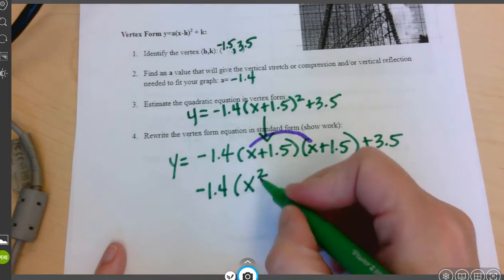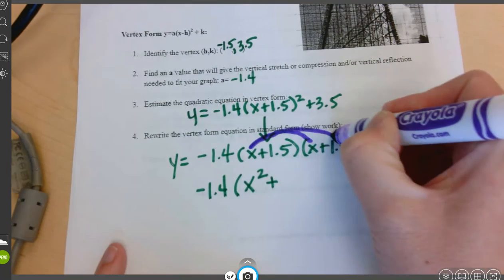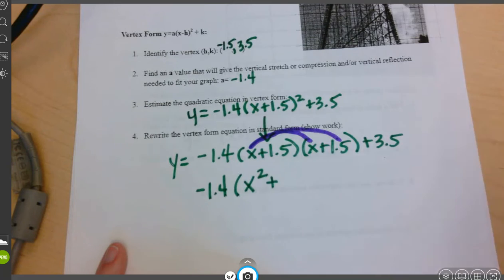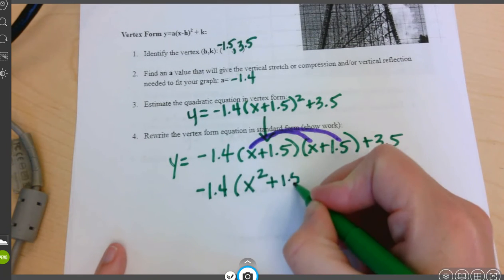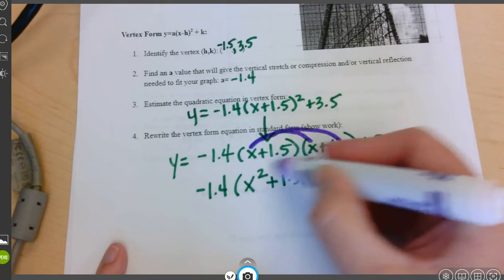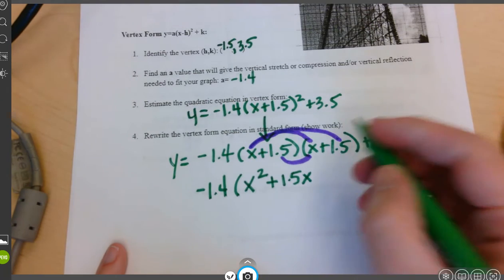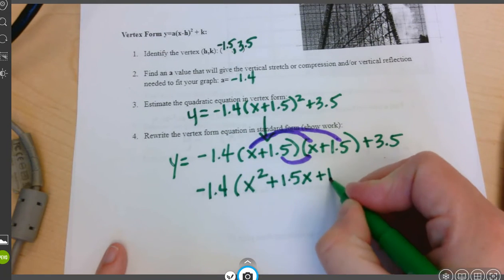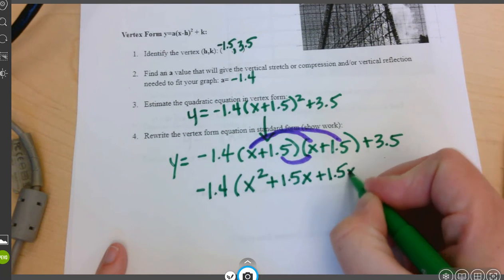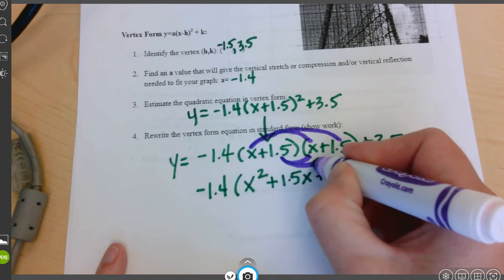All right, next one. X times 1.5, that's really actually an easy one. It's just 1.5x. And now I'm doing 1.5 times x. So now I'm going to be multiplying this one. And that's actually the same thing I just did. It's another 1.5x. And lastly, 1.5 times 1.5.